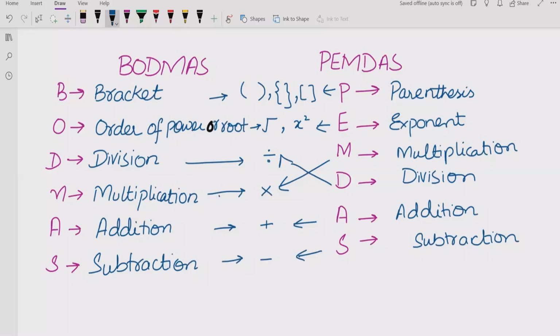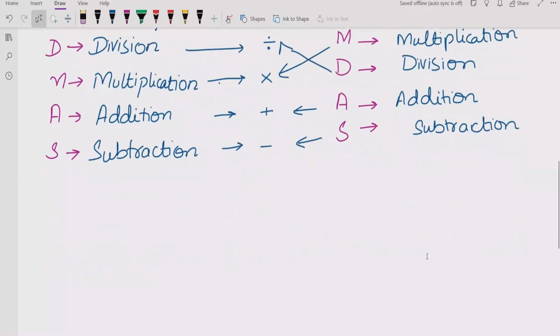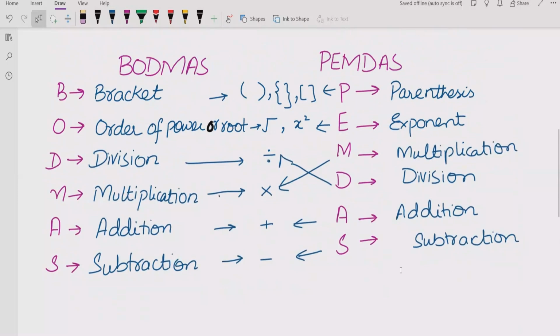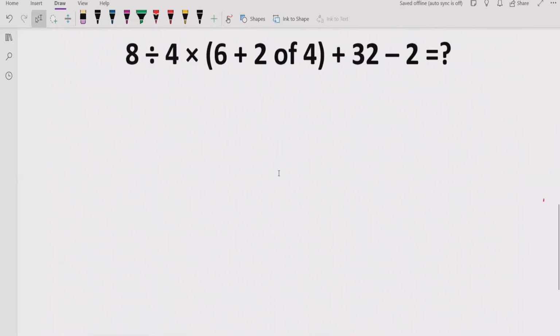Now let's start to evaluate the expression. We need to follow the order of operations, which is commonly known as the PEMDAS method. As I said, I will use the PEMDAS method here. P comes first, which means we have to solve the parenthesis.